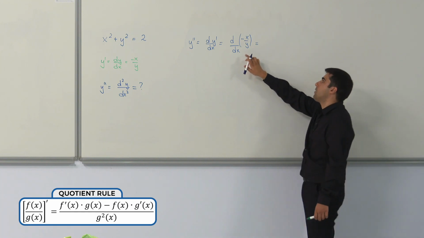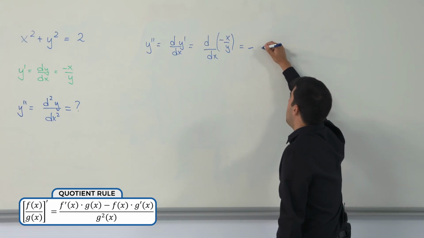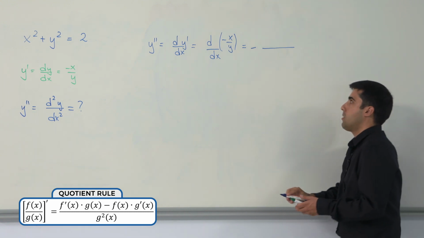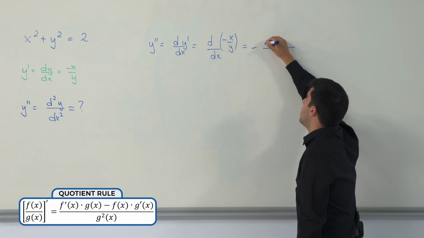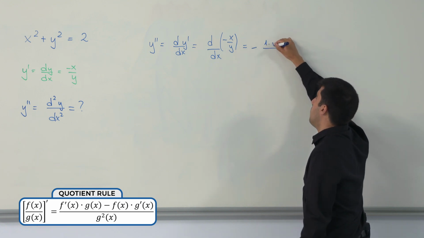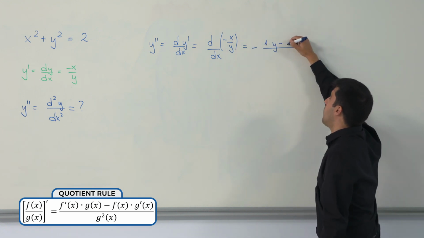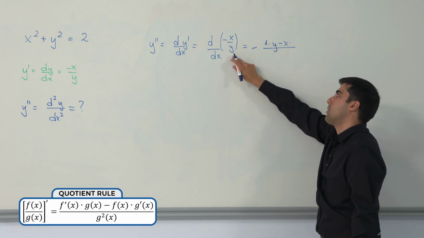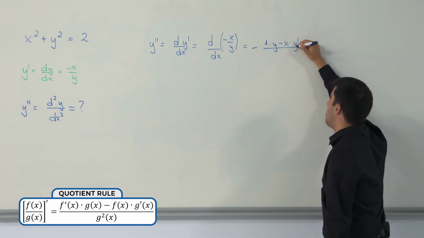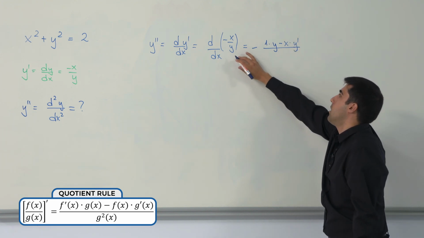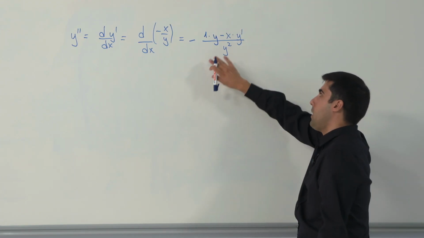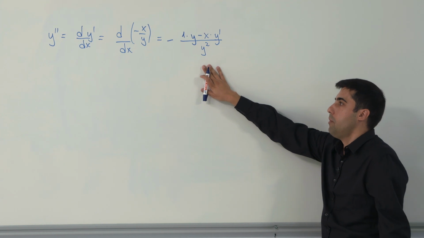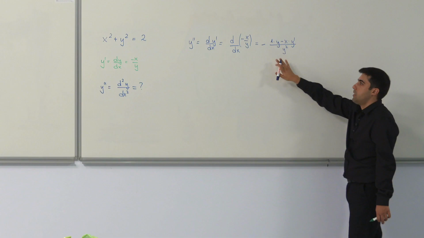I put the minus over here. The quotient rule says the derivative of the first one, which is 1, times the second one, y, minus the first one, x, times the derivative of the second one, which is y prime, over the square of the second one, y squared.